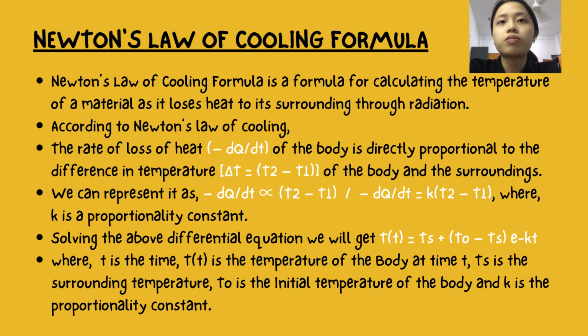Solving the above differential equation, we get T(t) equals Ts plus (T0 minus Ts) multiplied by e to the power of negative kt. Here t is the time, T(t) is the temperature of the body at time t, Ts is the surrounding temperature, T0 is the initial temperature of the body, and k is the proportionality constant.